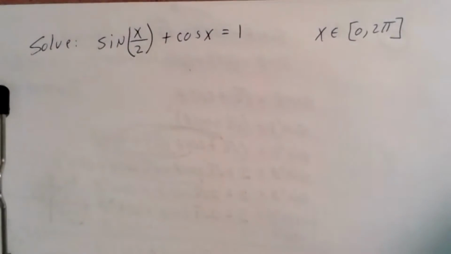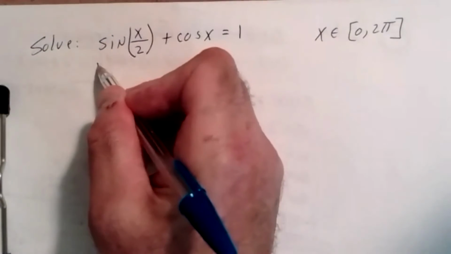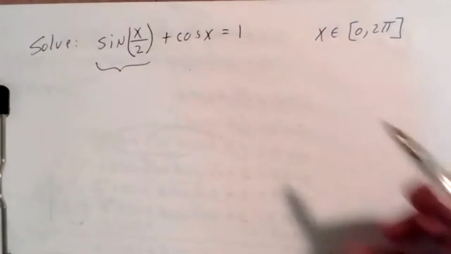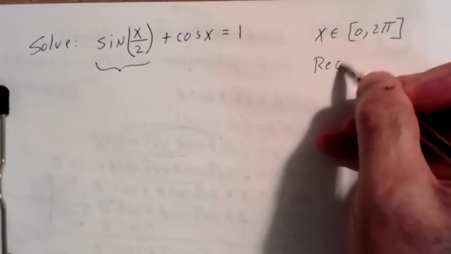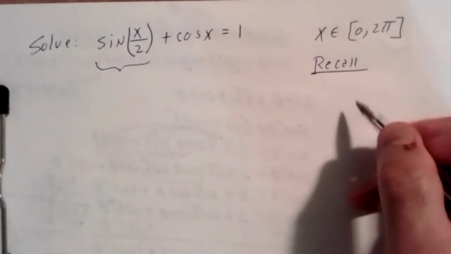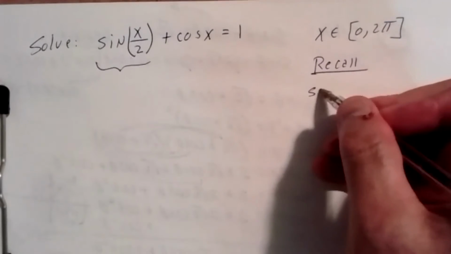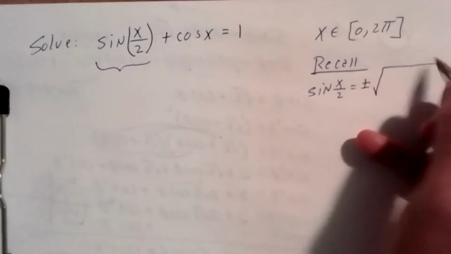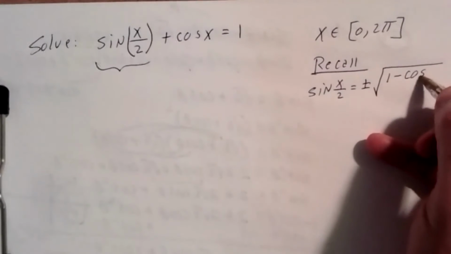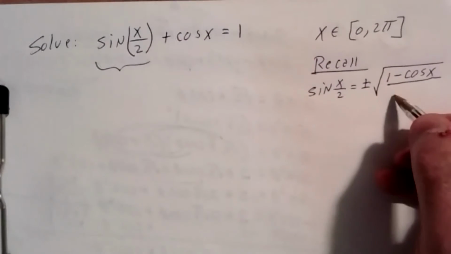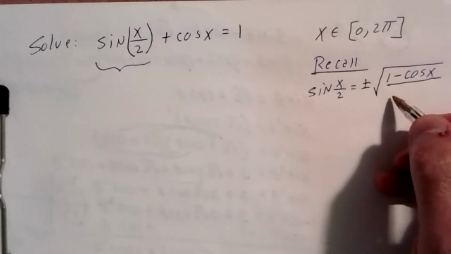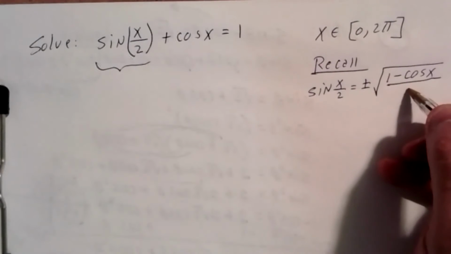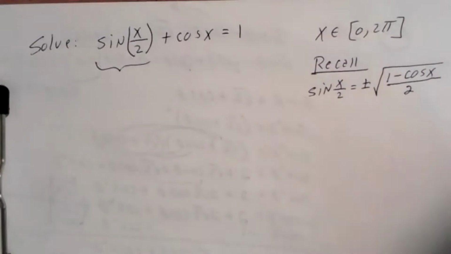But to the rescue, Sean, you said that we will replace this using what identity? The half angle identity, which means that sine of x over 2 is equal to plus or minus the square root of 1 minus cosine of x, divided by 2. Over 2, this is over 2 here? Yes, that is over 2. I just want to make sure that we got that right.